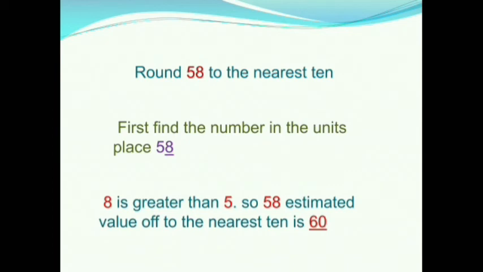First you must find the digit in the units place. That is 8. 8 is greater than 5. Hence we must add 1 to the tens digit and change the units digit to 0. Therefore, the estimated value of 58 is 60.